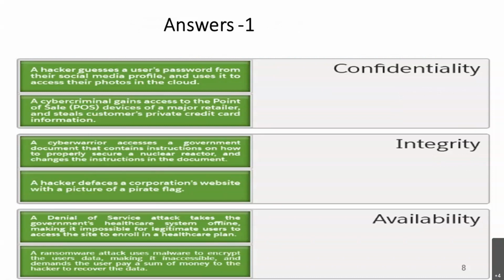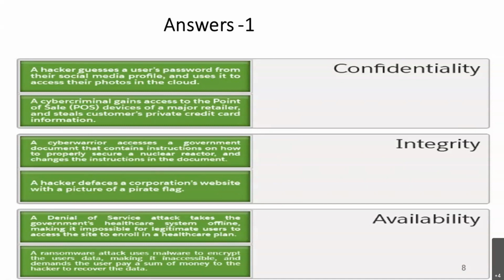It is the correct explanation of the application statements for confidentiality, which is a statement like a hacker guesses a user's password from their social media profile and uses it to access their photos in the cloud.